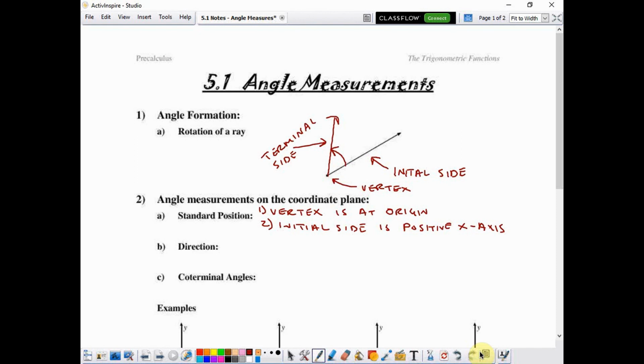The direction of an angle. First, counterclockwise is a positive angle.